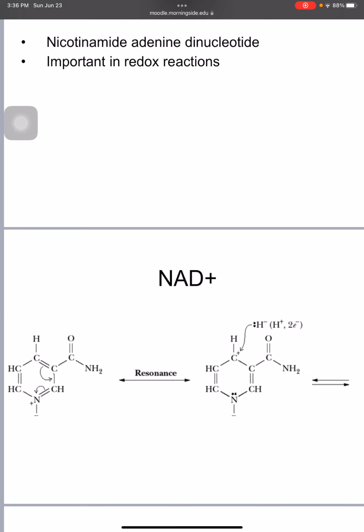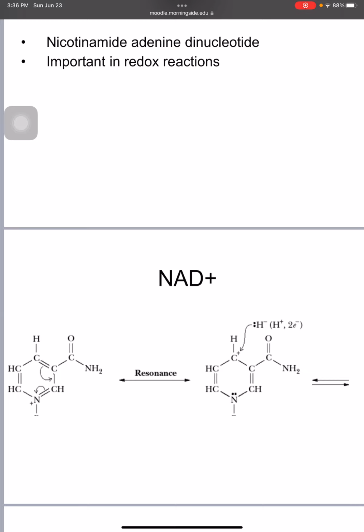Technically speaking, that's not how the mechanism works, but again, we're not worried about the mechanism here. I'm just sort of showing you the net effect, right? So basically what happens is that H minus gets added to one of the carbons in the ring, and it causes a series of electron movements, some resonance to occur. And as a result, a pair of electrons gets donated from that carbon-nitrogen double bond in NAD plus to that nitrogen by itself.